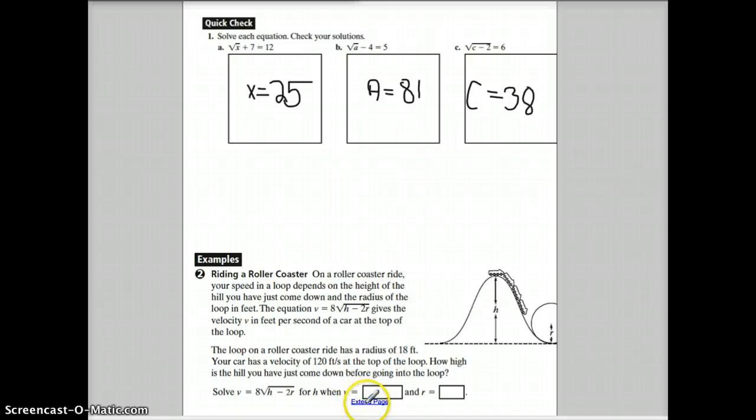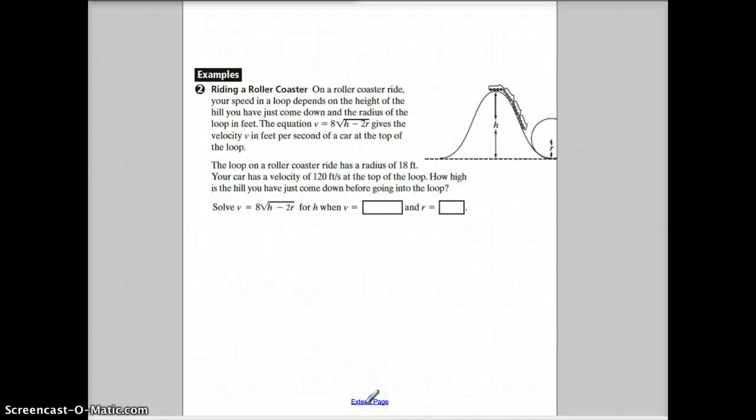Let's look at this next example here. So we have a roller coaster, and we can see here that the height at the top of the roller coaster is h, and then the loop here, the radius is r. So we have the equation v equals 8 times the square root of h minus 2r.